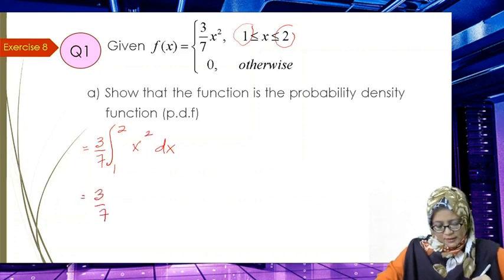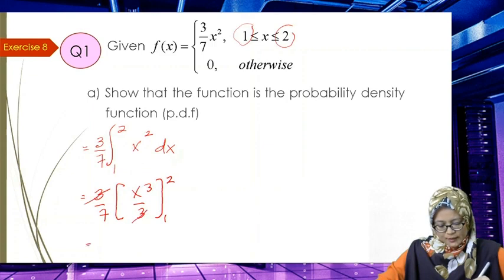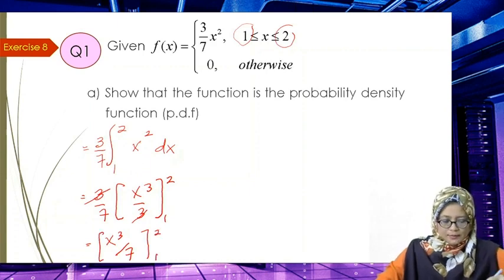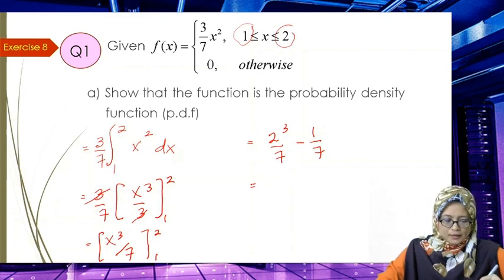Okay, so 3/7, integrate x square, so kita akan dapat x cube over 3. Then you have to substitute value from 1 to 2. So ini kita boleh simplify ataupun kita akan dapat x cube over 7, from 1 to 2. Okay, so substitute dia punya value, 2 cube over 7 minus 1 cube over 7. So kita dapat 8 minus 1 is 7 over 7.